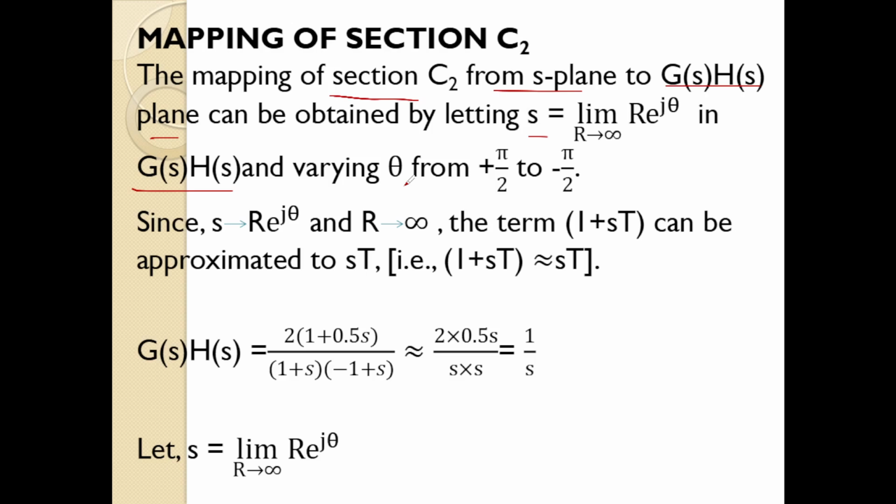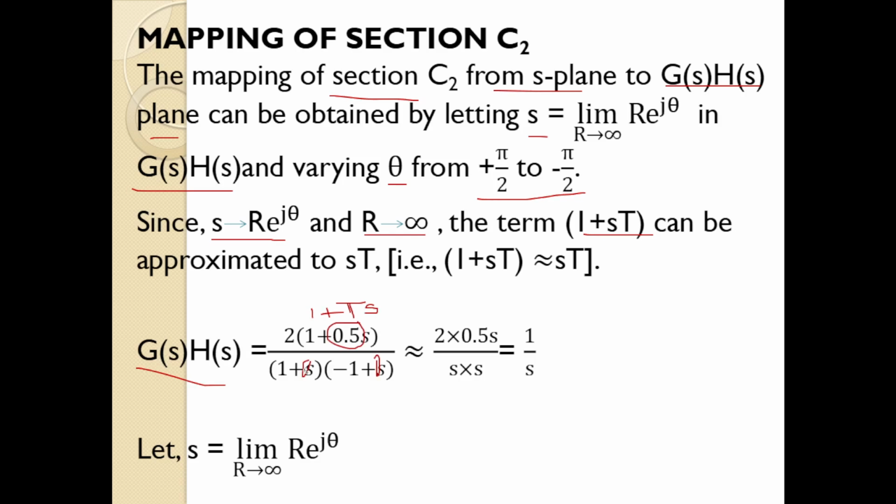Therefore, look at the 1 plus st terms. Here I have written G of S H of S with numerator 1 plus t into S. You just carefully observe the numerator and denominator terms. Here t is 0.5, here t is 1, and here also t value is 1.